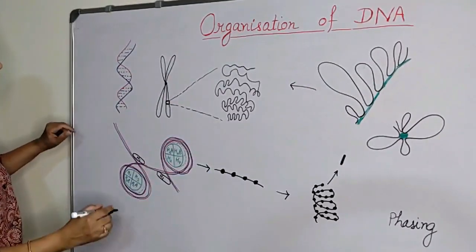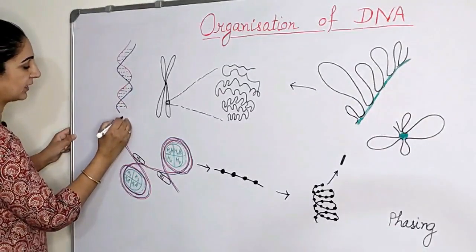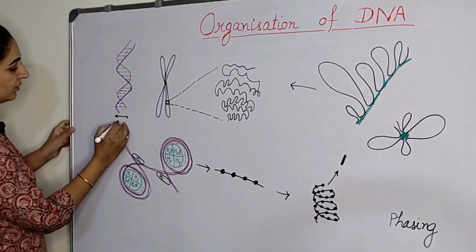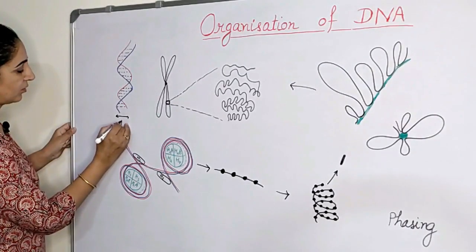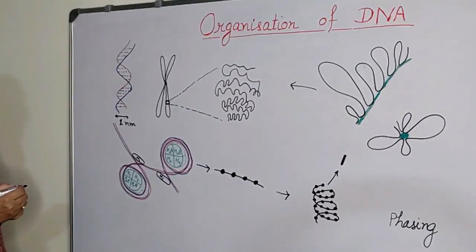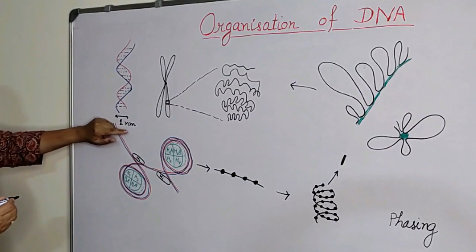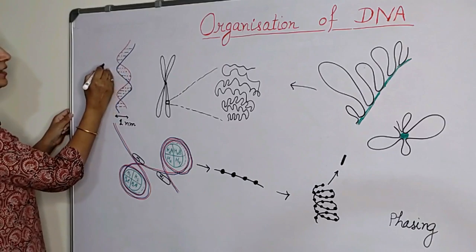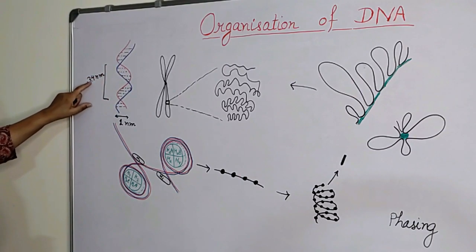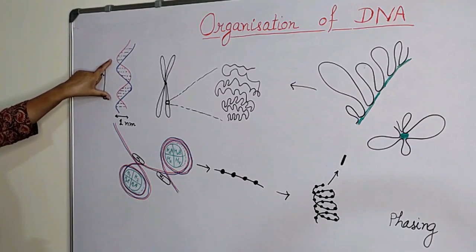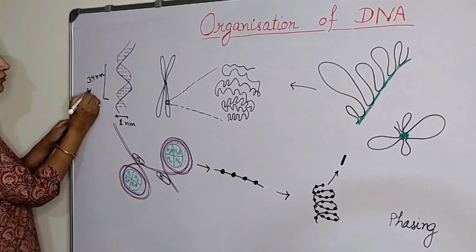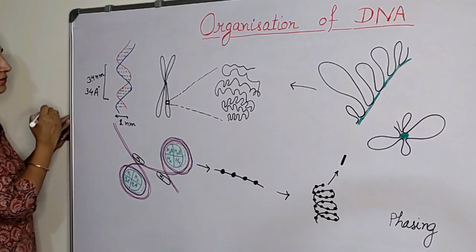This is the double helical molecule of DNA. It is around 2 nanometer in thickness, and one single turn of DNA is around 3.4 nm in length, or you can say 34 angstroms.